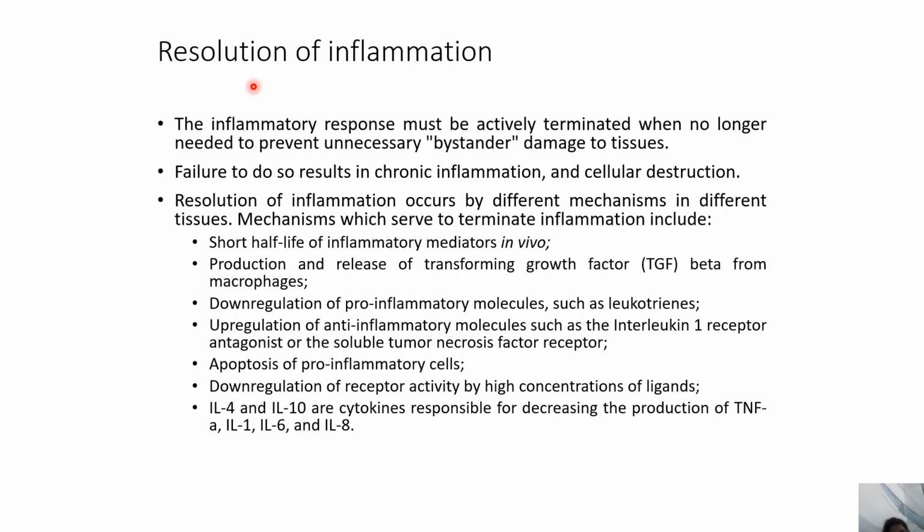mechanisms which serve to terminate inflammation include short half-life of inflammatory mediators in vivo, production and release of transforming growth factor TGF-beta from macrophages, downregulation of pro-inflammatory molecules such as leukotrienes, upregulation of anti-inflammatory molecules such as interleukin-1 receptor antagonist or the soluble tumor necrosis factor receptor, apoptosis of pro-inflammatory cells, and downregulation of receptor activity by high concentrations of ligands.